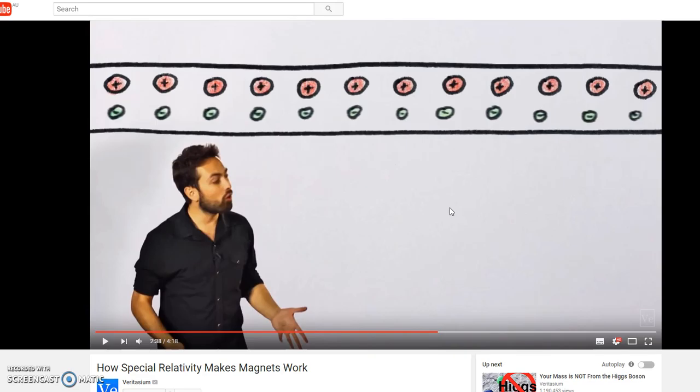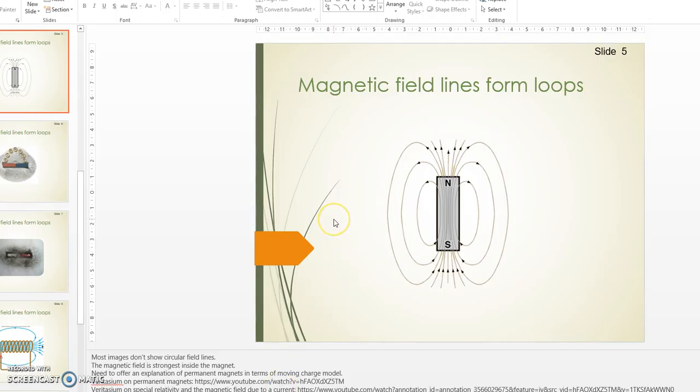I've shown this to a couple of my classes, and they can only understand a small amount of it, but they really do enjoy it, and they also importantly get the idea that there really is a subatomic level explanation for how bar magnets work, and why moving charges produce magnetic fields.